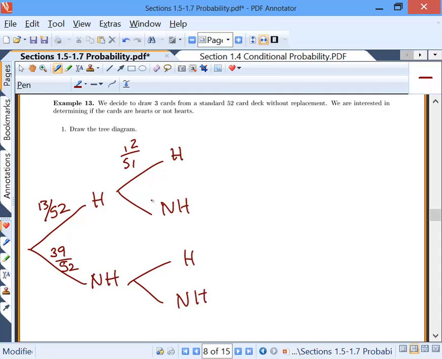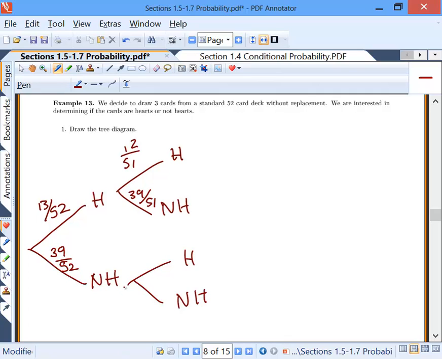There's still 39 not hearts, because I didn't draw any not hearts yet. But how many total cards? 51, because I still drew 1 card out regardless. What do you remember about these 2 probabilities on the branch? They have to add up to 1. So 12 plus 39, that does give me 51. So 51 out of 51, I'm good.